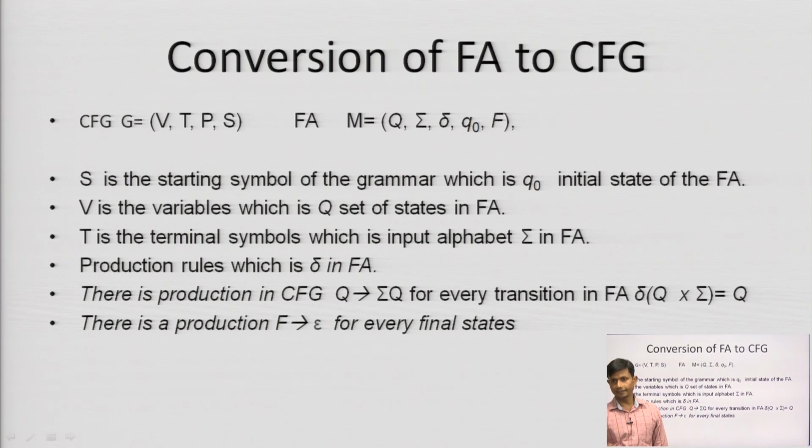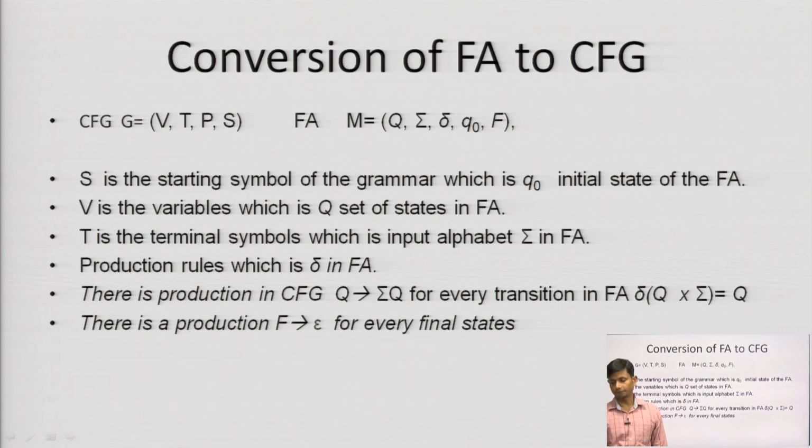We have the transition function in finite automata, and we have to convert the transition function into productions. All transitions will be converted into the productions of the grammar.